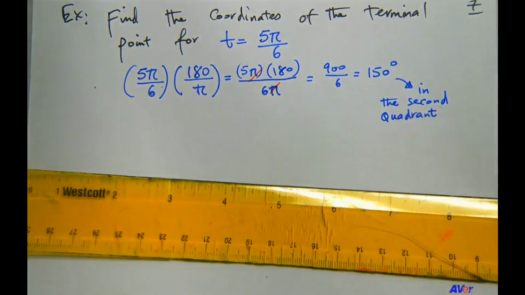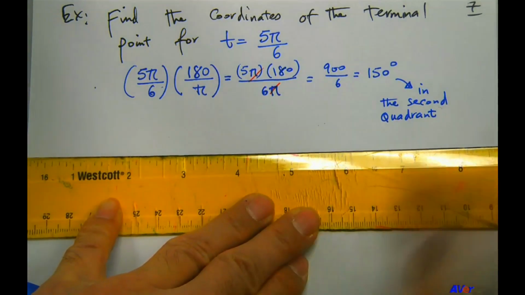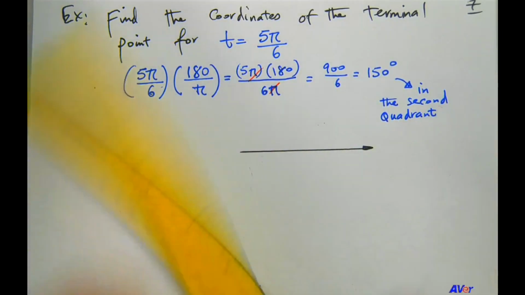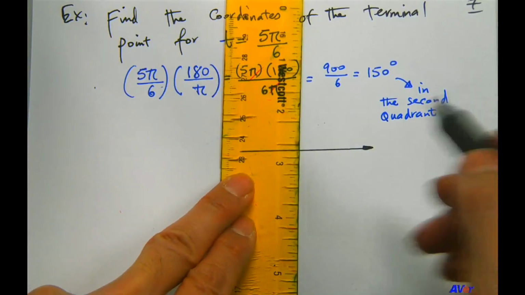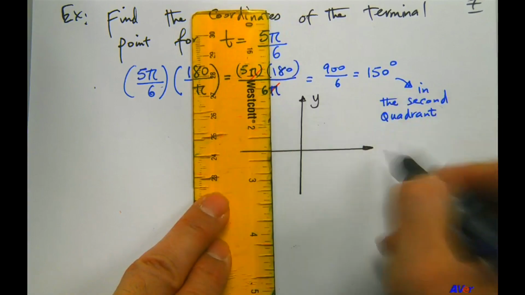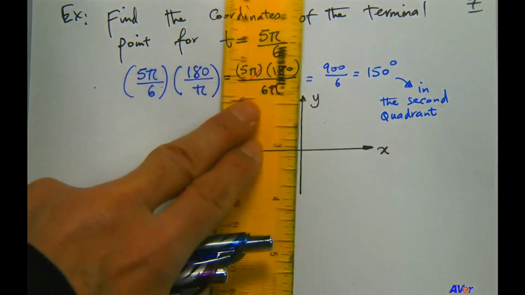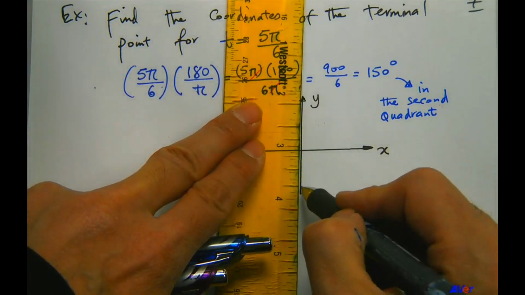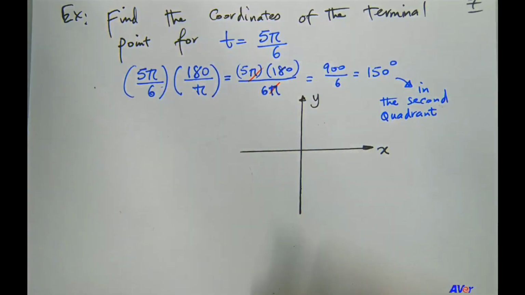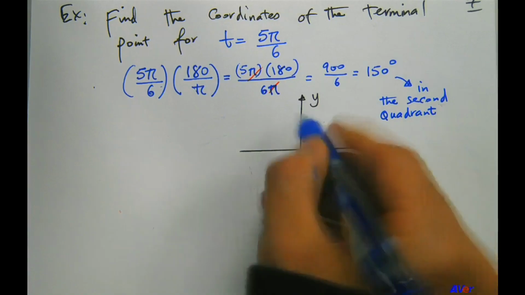Okay, so if we draw a little graph of this, I'll just draw a quick and small graph right here. Maybe I want to make this y-axis a little bit longer. Like that. And then if we have a unit circle, let's say like this.